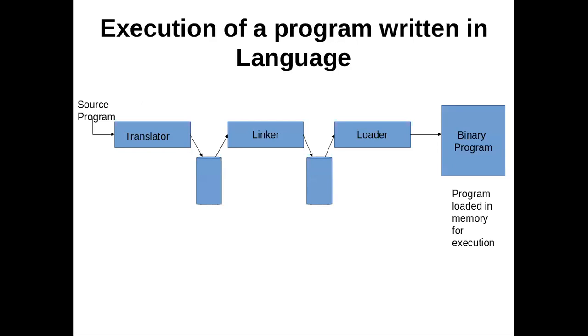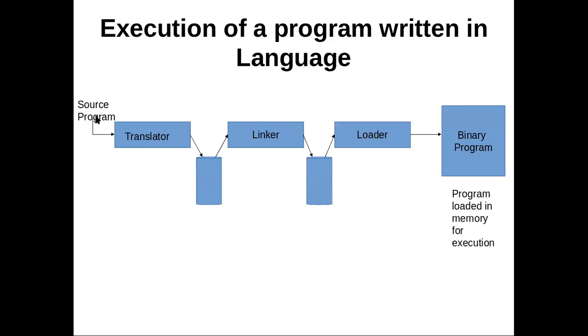Let's start with what are the steps involved in the execution of a program written in a particular language. As you can see in the slide, we have a source program written in a language. It can be in any language.